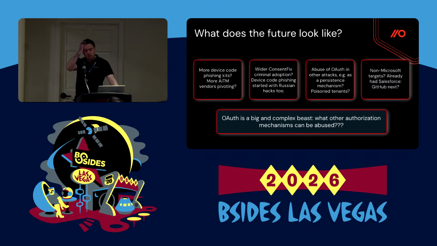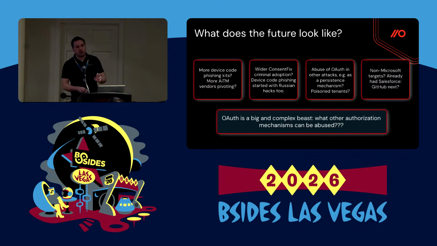I think we'll see more general abuse of OAuth in other attacks. Like in years past, I've spoken about this in regards to other layers. This has been entirely initial access layer focused, right, this presentation, but OAuth is actually really interesting and powerful in the persistence and lateral movement phases of attack. I don't have time to talk about that in detail today, but I'm going to link to things in a sec.